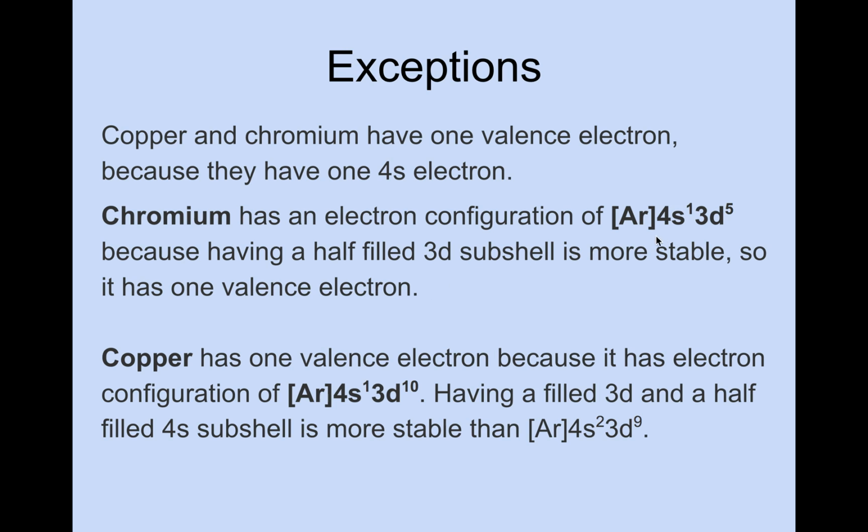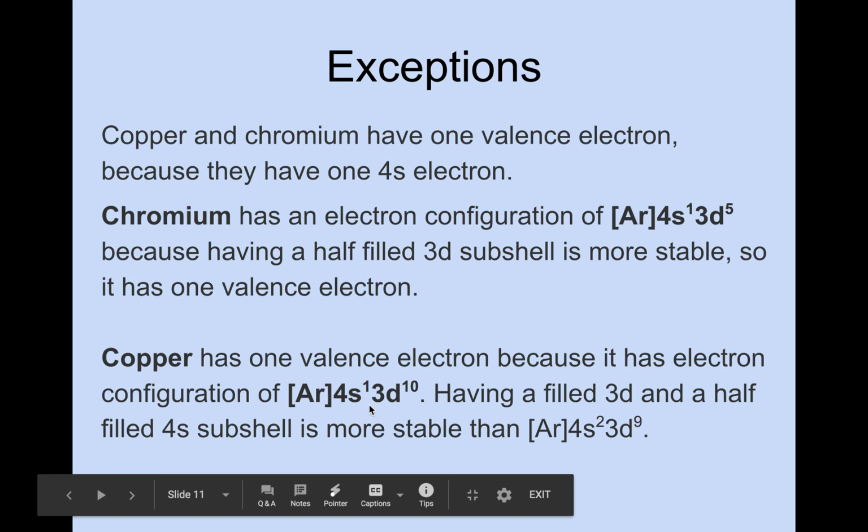So the configuration, instead of saying argon, this is the noble gas before chromium, and instead of saying 4s2 3d4, it'd be better to put one electron in each of the d orbitals and give the s orbital just one. So half filling the d orbitals is more stable than having a full s orbital and only a partially full d orbital. Same with copper.